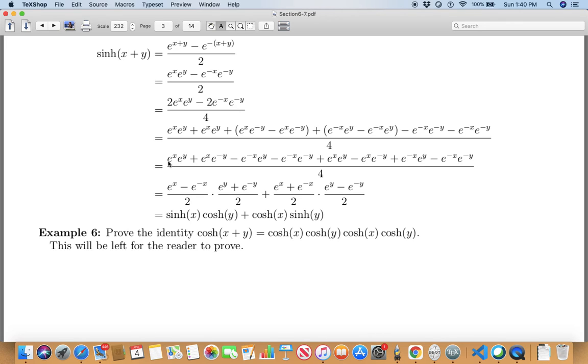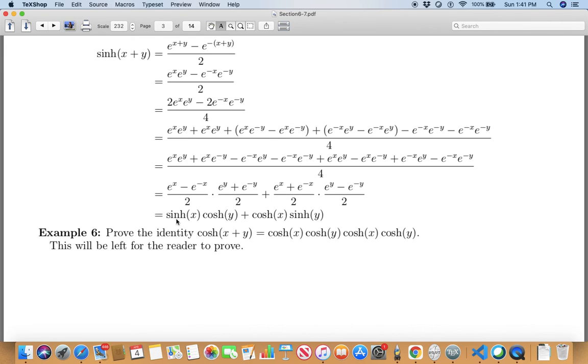If you notice, we are simply combining things here. All of this turns out to be this times this, this times this. You can check, all we are doing is distributing: e raised to x, e raised to y; e raised to x, e raised to negative y; e raised to negative x, e raised to y; e raised to negative x, e raised to negative y. You see? So that's all.